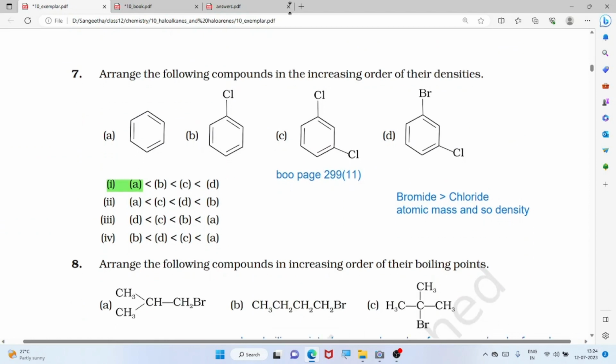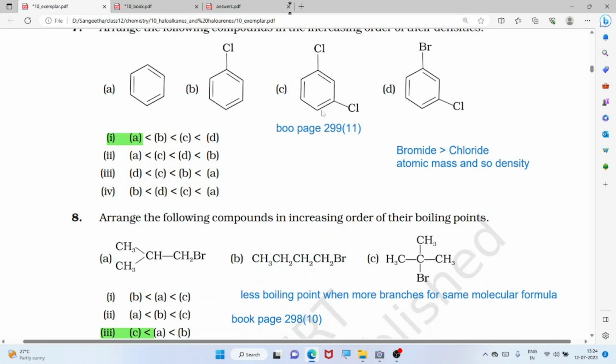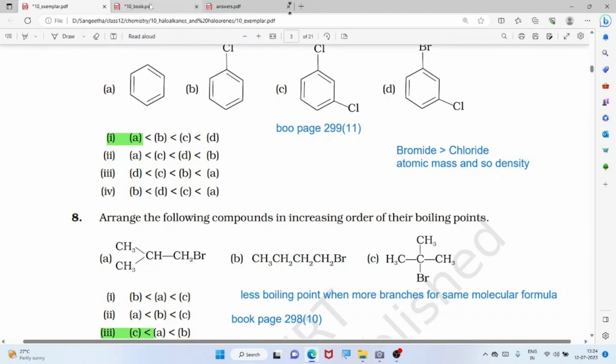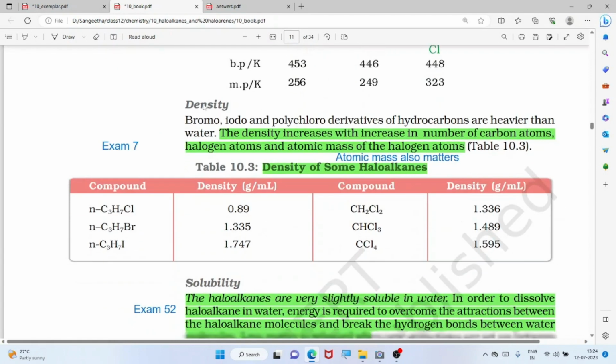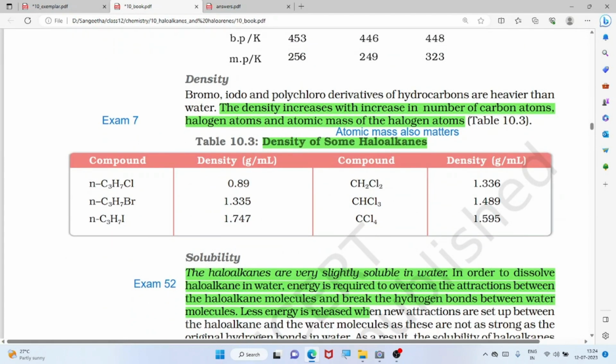Arrange the following compounds in the increasing order of their densities. Densities: the density of bromide is greater than that of chloride. The density increases with the increase in the number of carbon atoms.